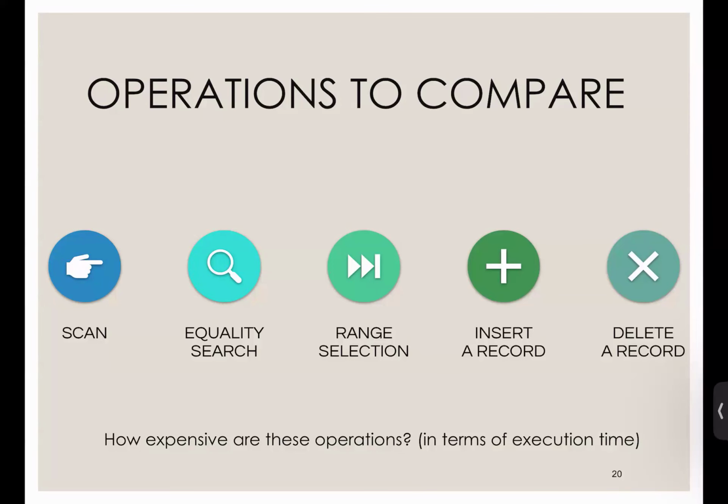The scan, meaning you have to list out all the data records. We do equality search. We do range search. We do insert of one data record only. We do deletion of one data record only. We need to be able to compare how expensive they are on each operation based on the different types of index schemes that we use.